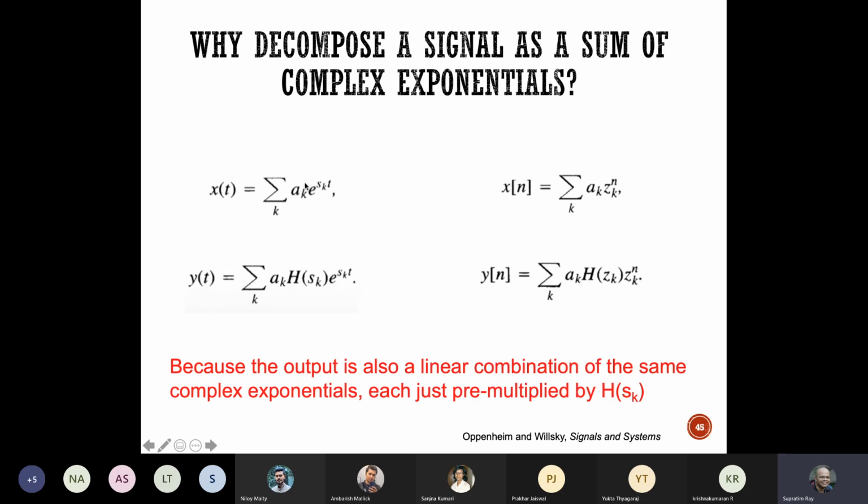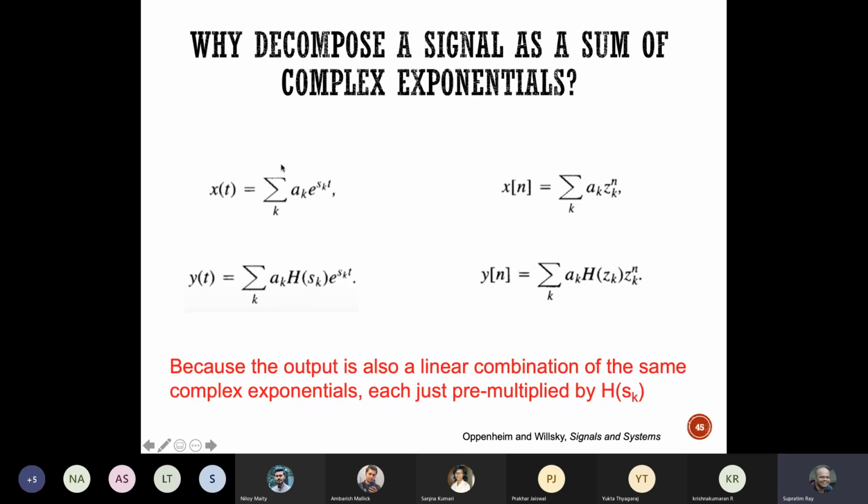If the system is LTI, all you have to do is know these H. How a complex exponential as an input is transformed or basically just multiplied and with some amplitude and shifted by some phase. So if you know this, you will be able to find the output of any input xt.